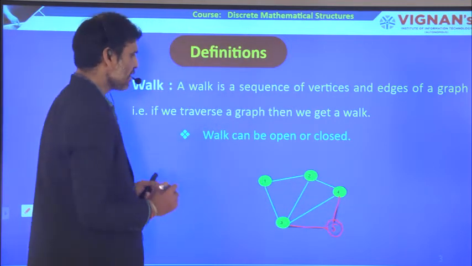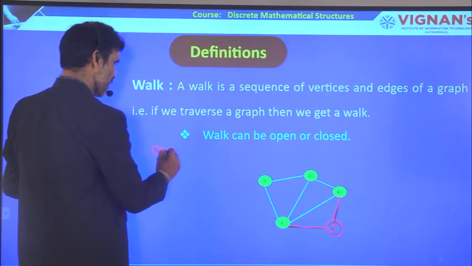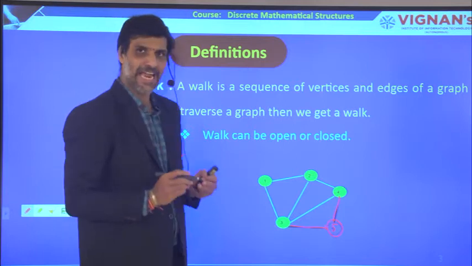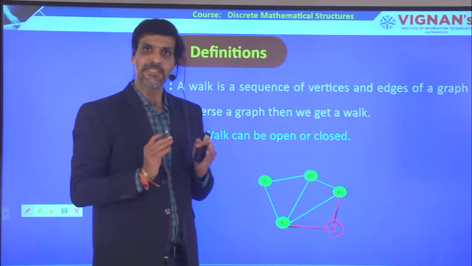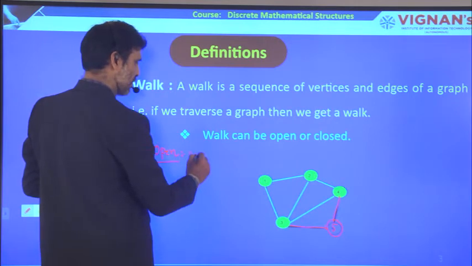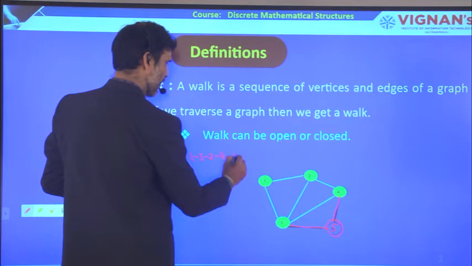Now in these 5 vertices, when is the walk said to be open? A walk is said to be open if the starting vertex and the end vertex are not the same. Suppose I take 1 to 3, 3 to 2, 2 to 4, 4 to 5, and again come back to 3.